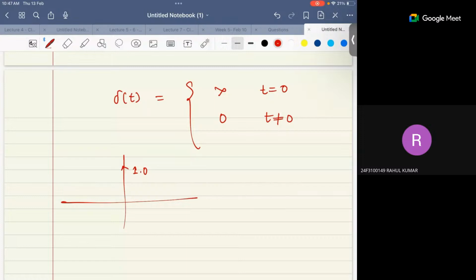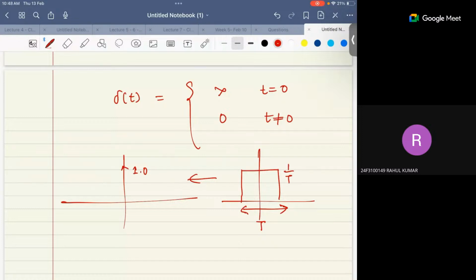So what happens? This generally comes from a rectangular function. There is some width, for example the width is t, and the height is 1 upon t, so that the area is 1.